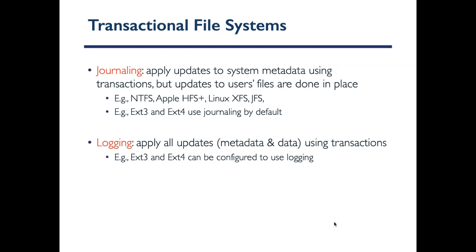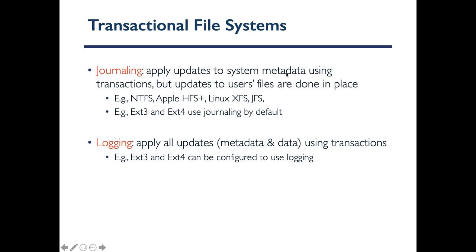Now, we talked about all of this, but if you remember, we started with file systems as our use case for transactions. So now transactions could be used in file systems. There are two major ways to use transactions for file systems. There is one category of file systems that are called journaling file systems. They use transactions for metadata.